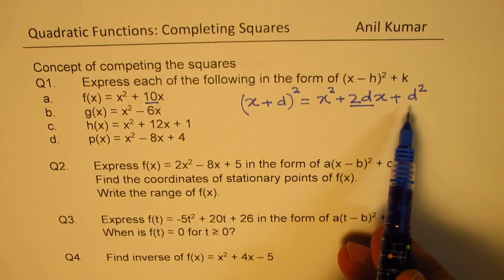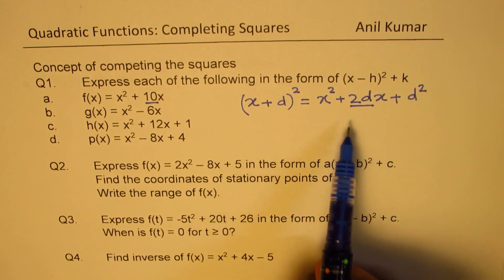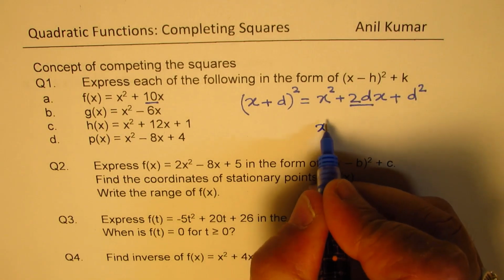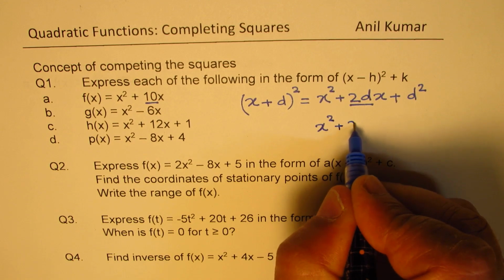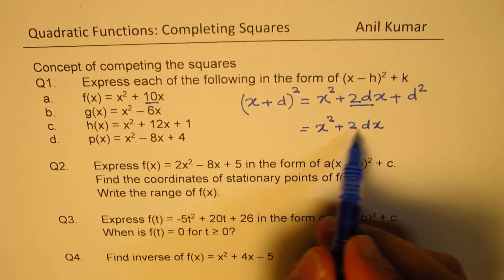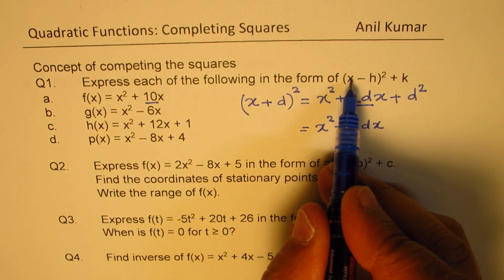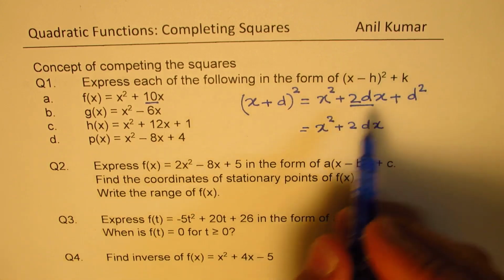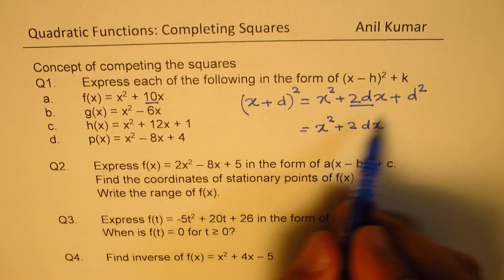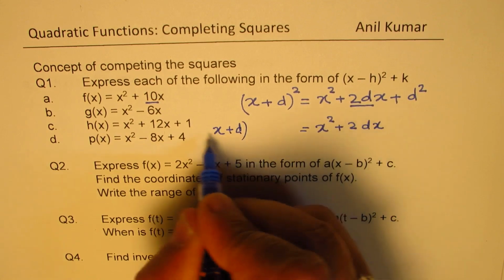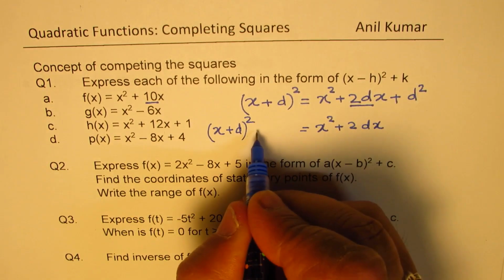The other way to look into it is that if I am given x squared plus 2dx, then I could write this in a form which is called the vertex form, as we can take this d square to the left side, right? So we get x plus d whole square minus d square.